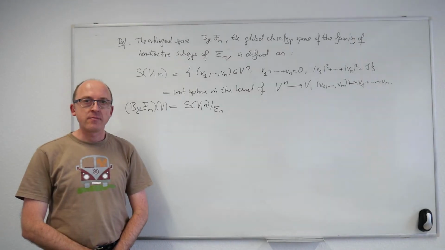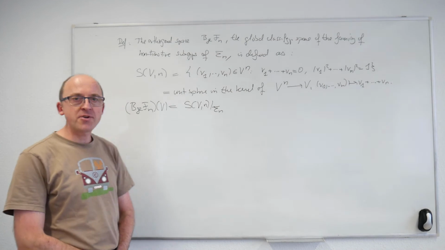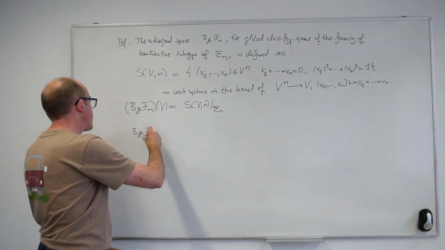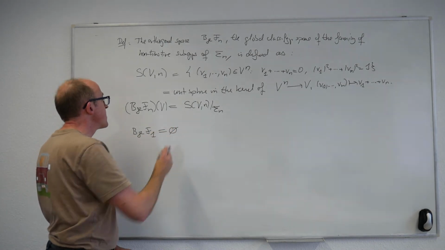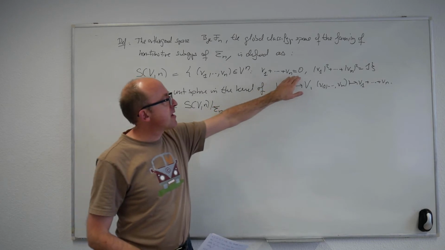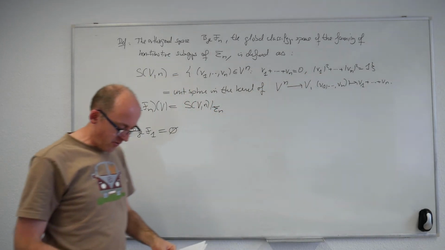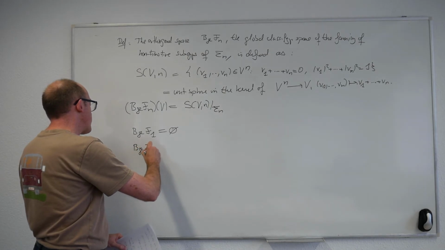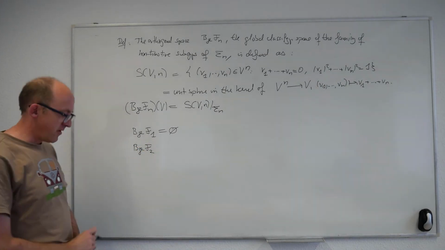Let me go through the very low dimensional examples of this. The first observation is that the global classifying space for n=1 is actually empty, because it would consist of vectors that at the same time are 0 and have length 1, and there are no vectors that have this property. So this really starts to get interesting with the global classifying space for n=2.